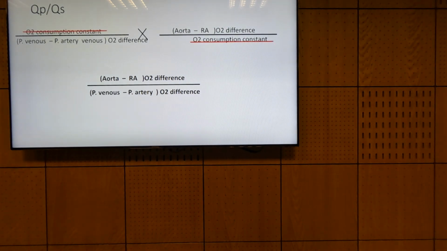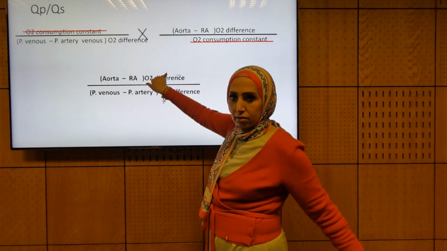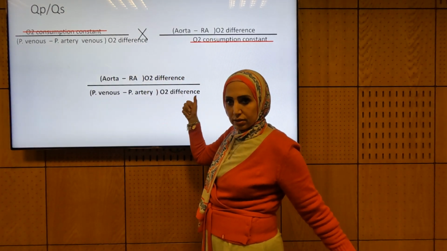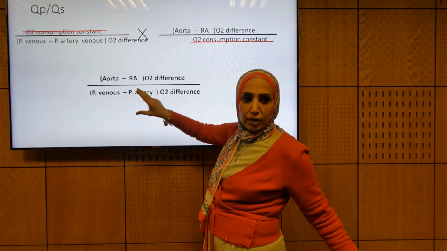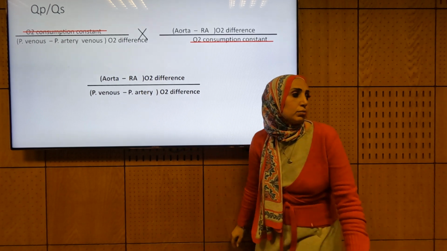It ended up that QP/QS is the systemic difference in oxygen saturation divided by the pulmonary difference. Is it now clear why it's QP/QS? We don't have that in the denominator, and this is in the denominator.